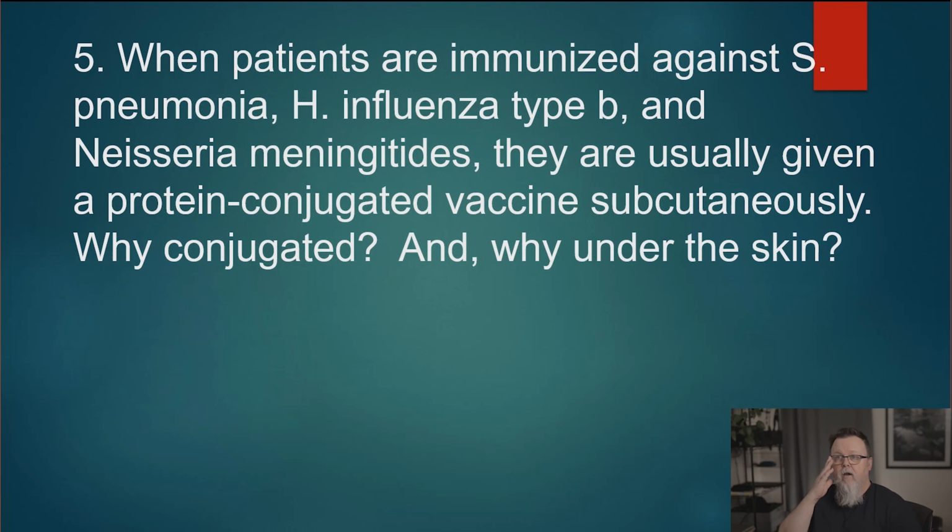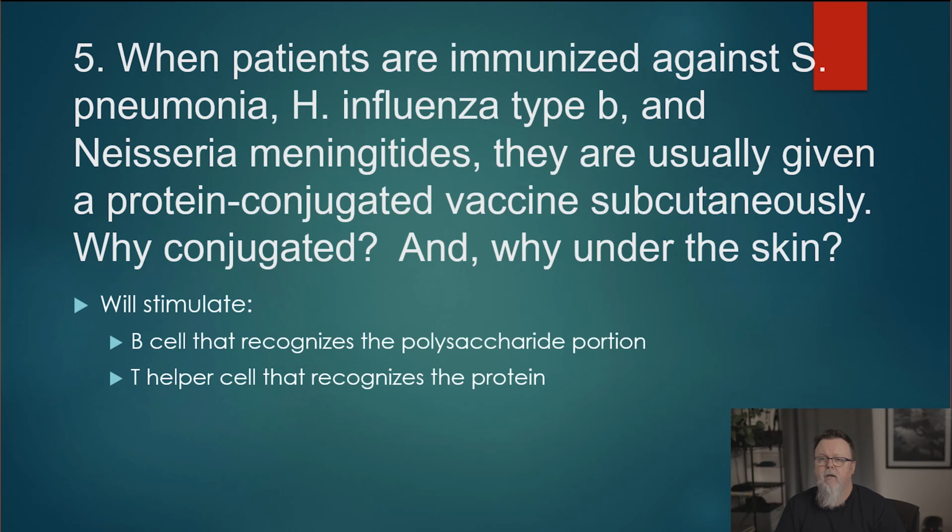All right, question 5. So when patients are immunized against those same bacteria, they're usually given a protein conjugated vaccine subcutaneously. And the reason for the conjugated vaccine, a little bit more specifically, we talked about this a little bit previously, is that the B cell that is going to respond to the vaccine is going to recognize the polysaccharide portion of that vaccine.